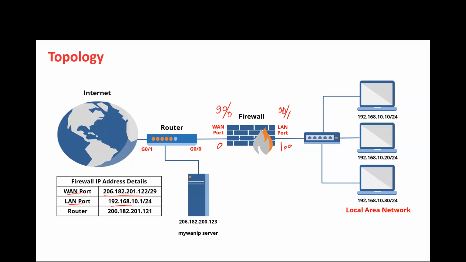So this 192.168.10.0 IP addresses, they are all private IPs, right? Now, can we reach internet with source as a private IP address? So we will not be able to reach internet with source as a private IP, right?